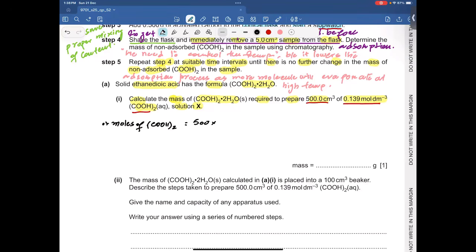So 500 into 0.139 divided by 1000 is going to be 0.0695.